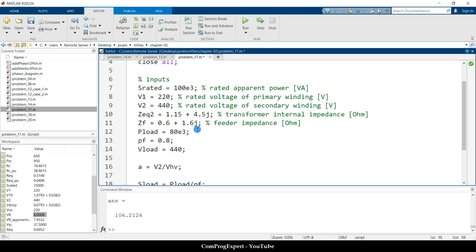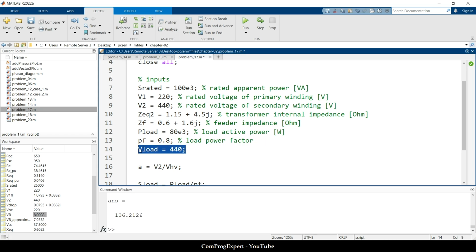And this is the load active power. Load active power. The unit is watt. This is the load power factor. Load power factor. Yes. And this is the load voltage. That is the same as the V2.